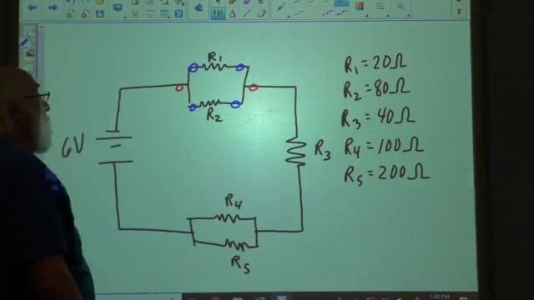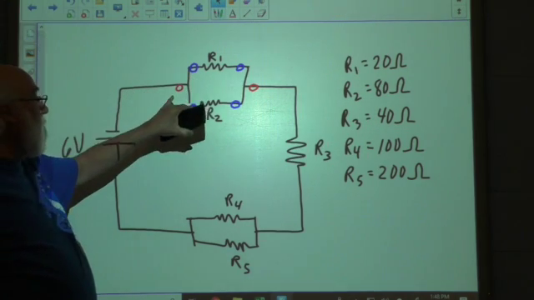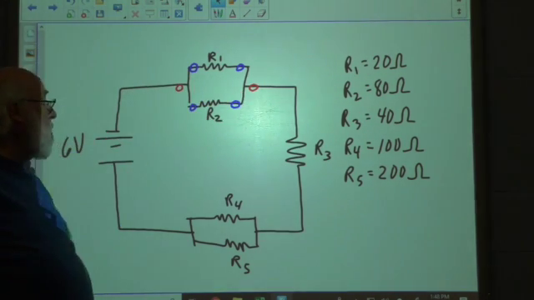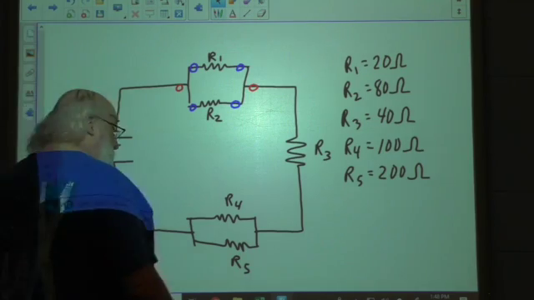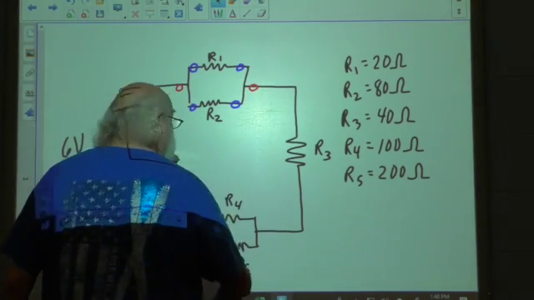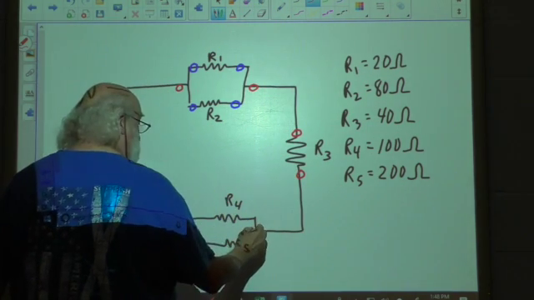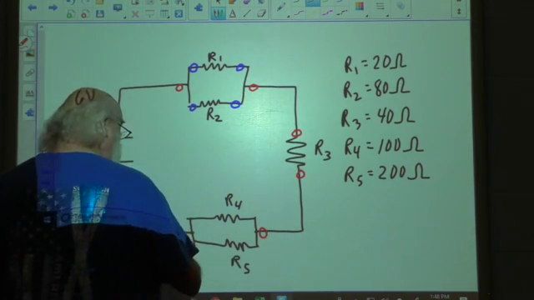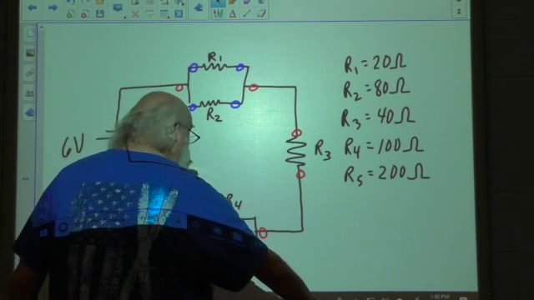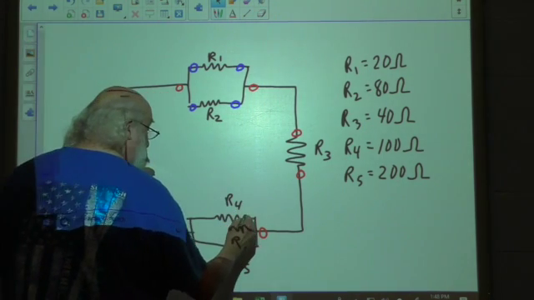So the current's going to split here, but it's going to be fine going across over there. So you got this going through here, and you got out here, and then you got the current going through here, and you got over here. But it will split because it's in parallel.